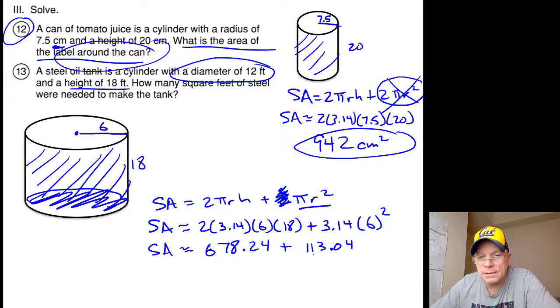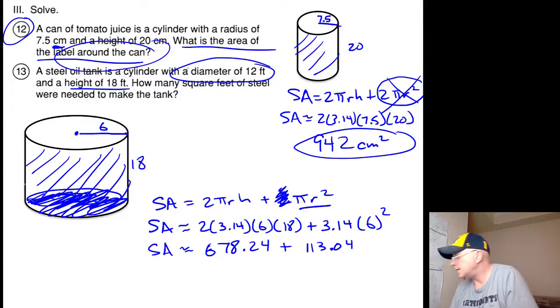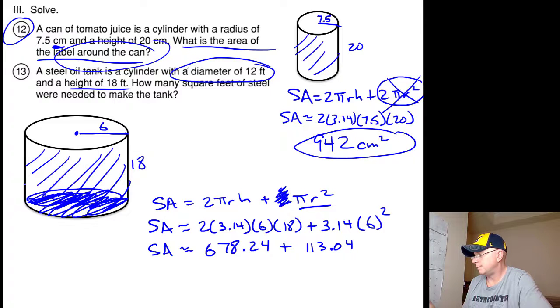When I add that single circular base, the bottom of the tank, to the lateral part of the tank, I get a total of 791.28. Oh, that's what I was afraid of.